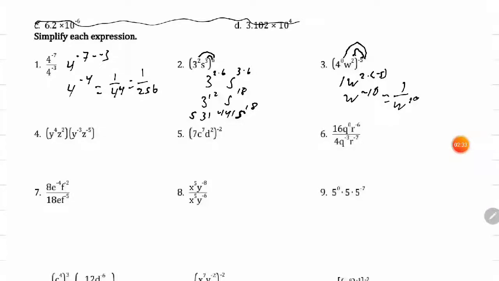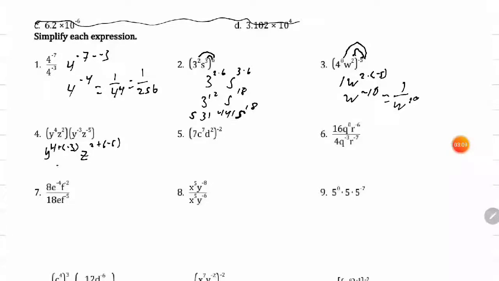Alright, number 4. So, we're multiplying these together. So all we have to do, if we're multiplying bases or exponents with the same base, all we do is add them together. So this is y to the 4 plus a negative 3, and z to the 2 plus a negative 5.